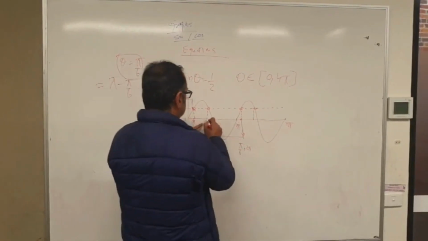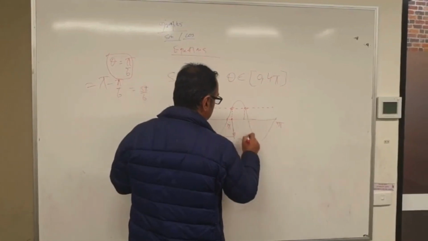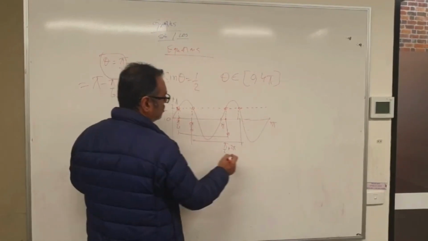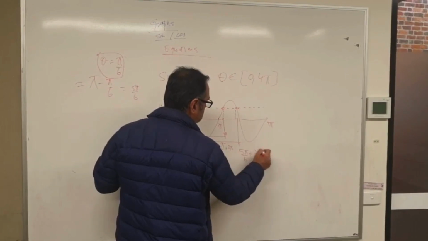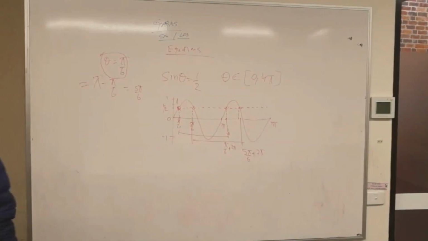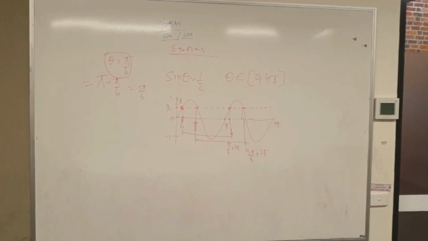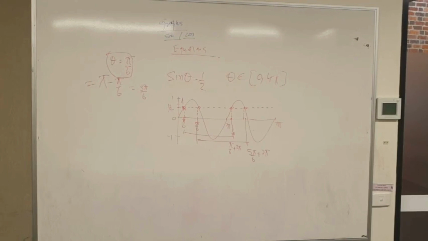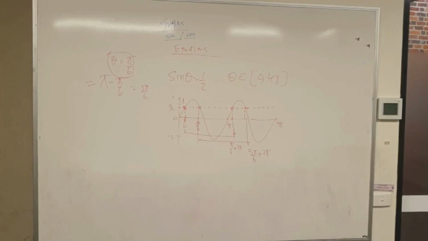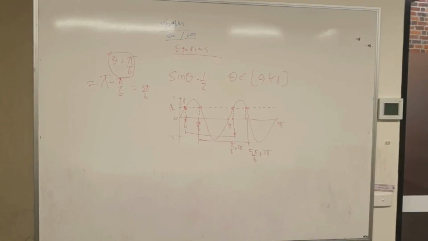And similarly, this value here would be exactly another 2 pi, so 5 pi over 6 plus 2 pi. Arishka, did you get it? Romeo? Yeah. 100%? Yeah. Chris? Yeah. Arman? Yeah.